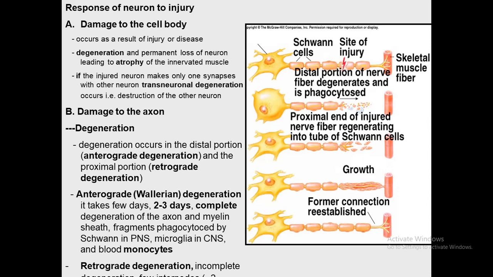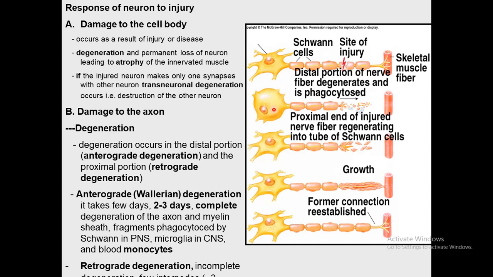Meanwhile, as we say, if the injury is towards the axon, the cell body or the pericardium has its own changes. The cell has swelling, the eccentric nucleus goes to the periphery, and there is disappearance of the nasal bodies.